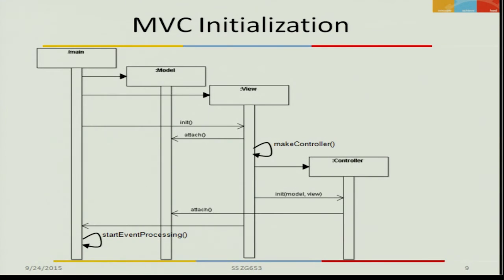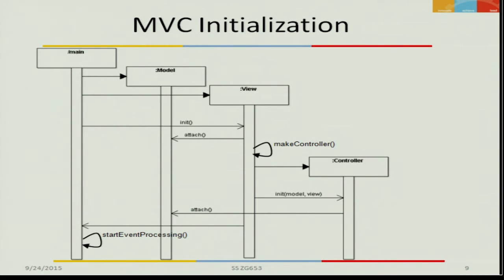So it's very important that the model is created, then the view is created, then to the view the main program says init, and then this init method is invoked in the view, and view then attaches the model with itself. Then view creates a controller, and after creation of the controller, it again calls init method of the controller, and in response to that, controller essentially attaches the model with itself.